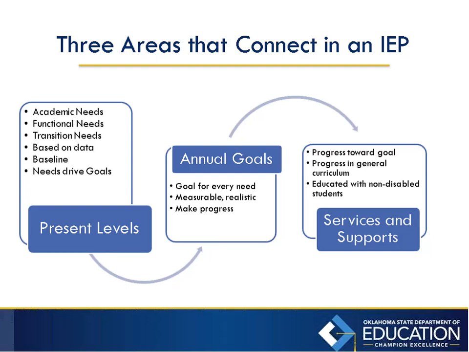The goals developed address a student's needs and specified target for improvement, and the rate at which the progress will be measured. And our services and supports include services supporting the student to progress towards the goal, services supporting the student to progress in his or her general education, and promoting student access with non-disabled peers.